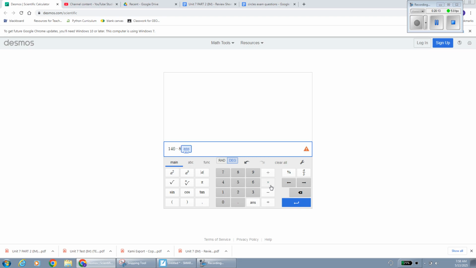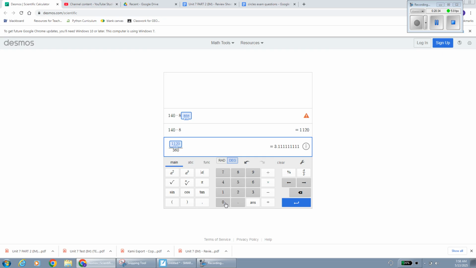Oh, that's not what I wanted to press. Okay. 140, I hate this calculator, times 8. That's what I wanted to press. And then this divided by 360. I'm always forgetting how to use this.